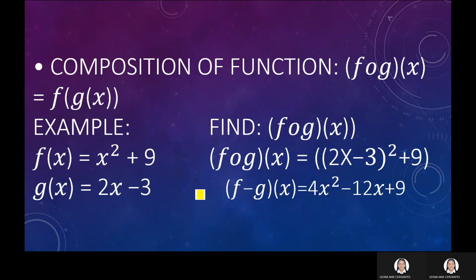Next, f composition of g of x is equal to, again, substitute the value of x with the value of g of x. So the value of g of x is 2x minus 3, then squared plus 9. Okay. So (2x minus 3) squared.